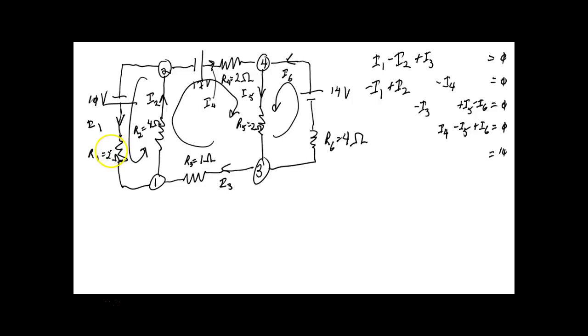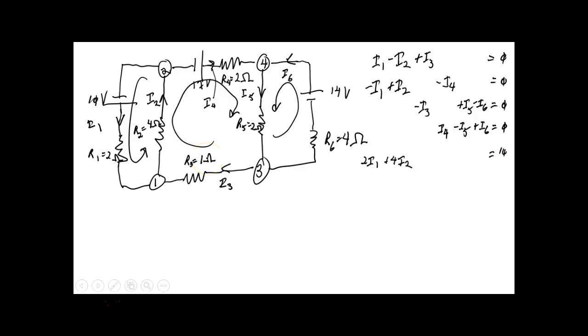Then we hit a voltage drop, and we'll put it on the other side and keep it positive. And what would that drop be? 2I1. But then on the way around there, we run into another resistor, and what would that be? Voltage drop of 4I2, plus 4I2, and that's equal to 10.